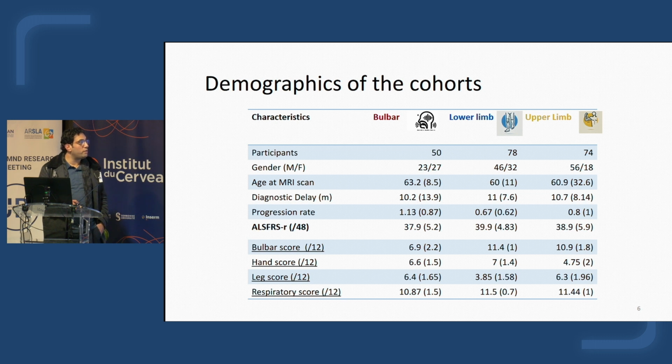And for the upper limb, they were patients with a deficit in hand or arm function. All the patients underwent a comprehensive neurological assessment by an expert neurologist at their center. Each patient underwent an MRI scan. Here we are interested in the T1-weighted images, which is structural MRI. And all the patients underwent spirometry measurements.